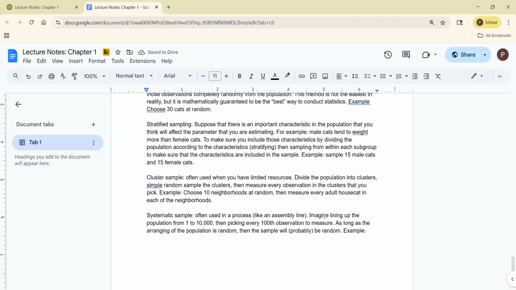So suppose you're going to weigh or collect the weight of every 100th cat that comes to your vet clinic. As long as those cats are coming in at random times, then you're going to have a random sample.